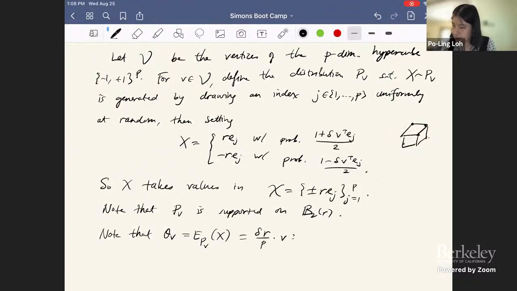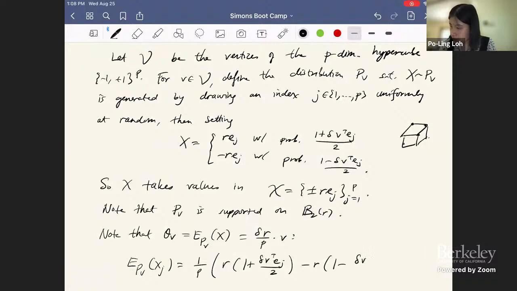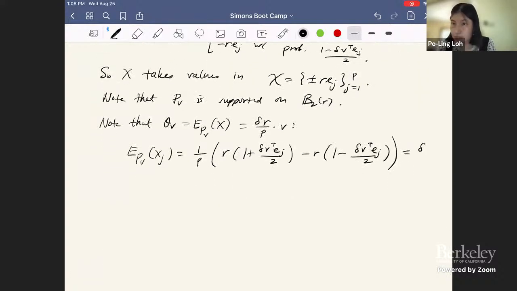And if you want to see this slowly, then if you look at the expectation under P_v of the jth coordinate, it's equal to 1 over p times r times (1 plus delta v transpose e_j) over 2 minus r times (1 minus delta v transpose e_j) over 2. And you can check that this is in fact equal to delta r v transpose e_j over p.